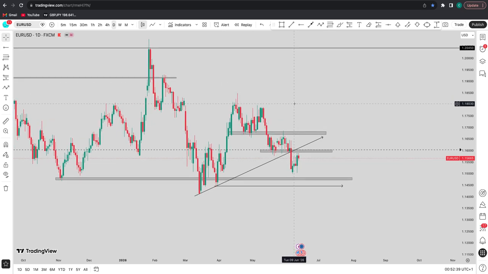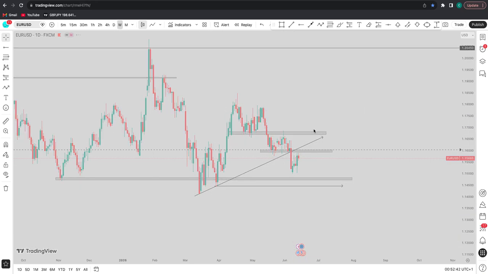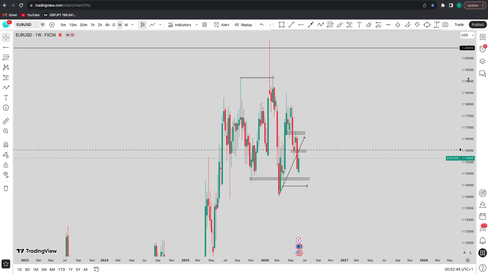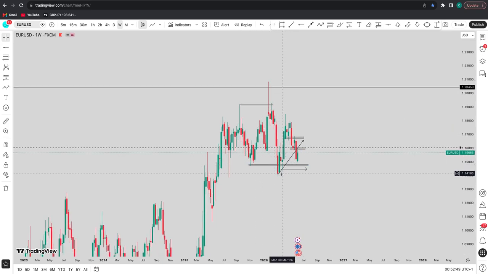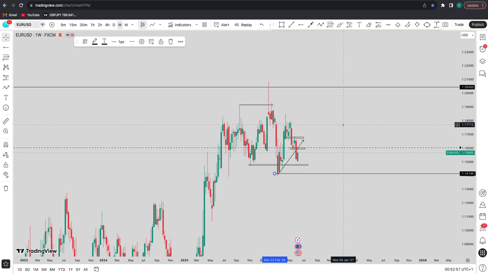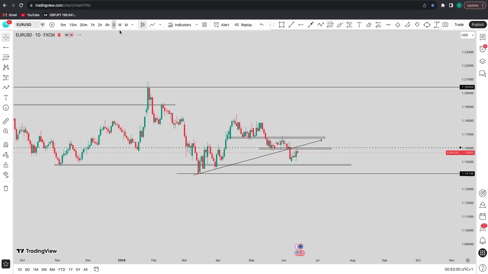So on the DXY, okay, let's start from the weekly. We have a rejection on the weekly time frame around here. Then we have a new low around here. We have a new low right here. Then going into the daily time frame, let's start drawing our support and resistance level.